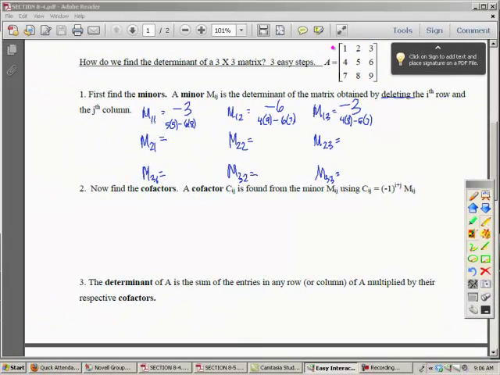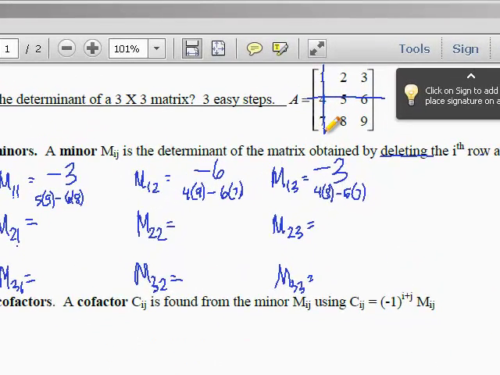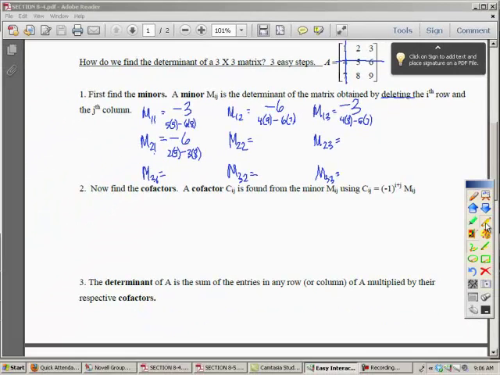Okay, so now I go to row 2, and I'm going to do the same thing. I now am looking at 2, 1, so I cross off row 2, column 1, and I get 2 times 9 minus 3 times 8. Well, 2 times 9 minus 3 times 8 is negative 6. Okay, let me erase and go through again.